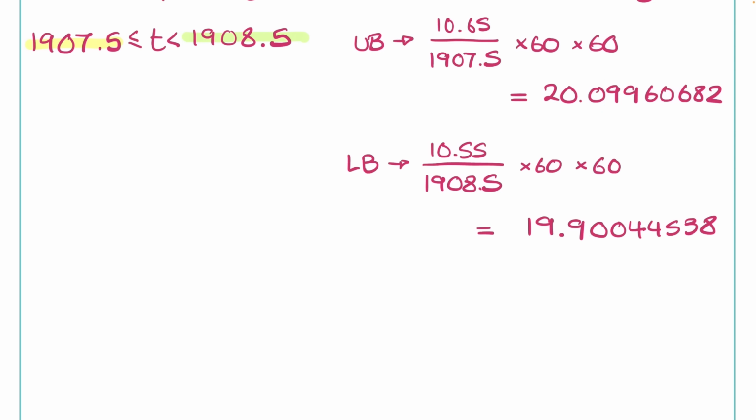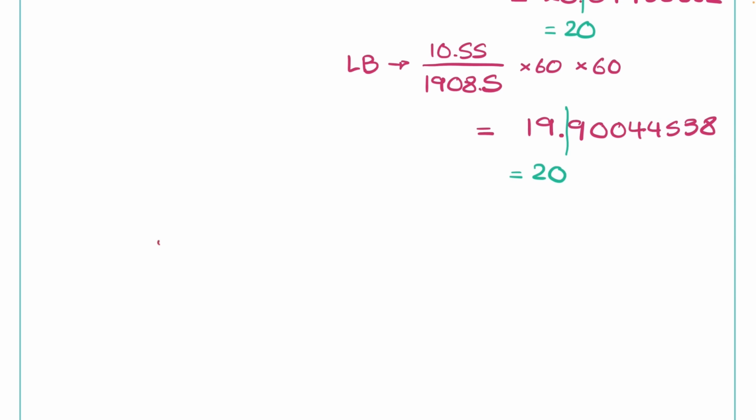And let's go then to 2 significant figures. The top would round to 20. The bottom, as it's a 9, also rounds to 20. So to 2 significant figures, this rounds to 20, and this also rounds to 20.